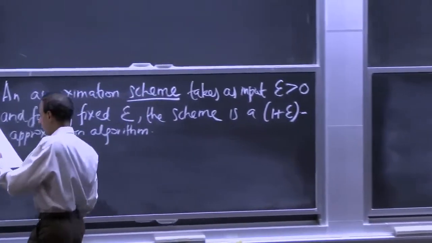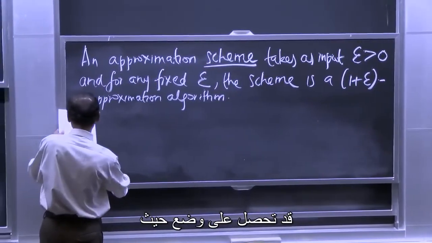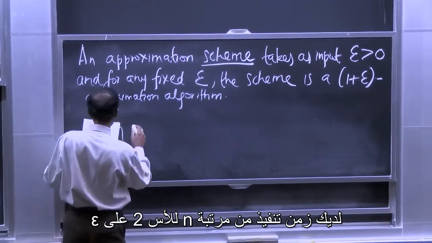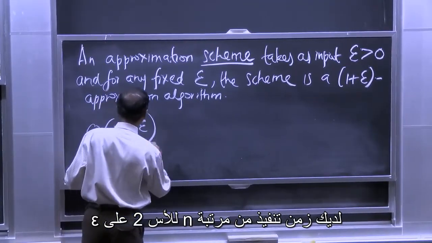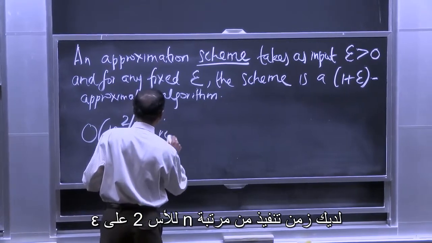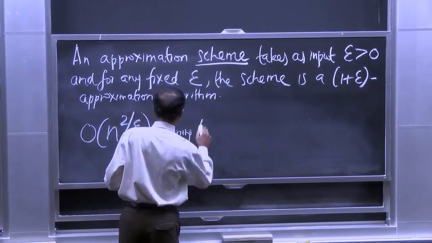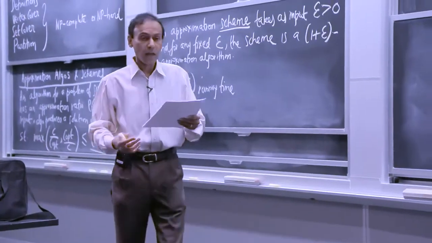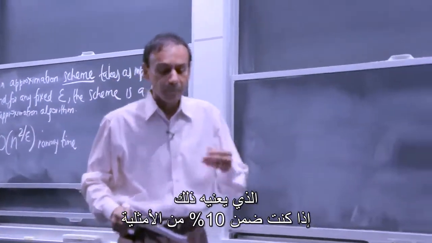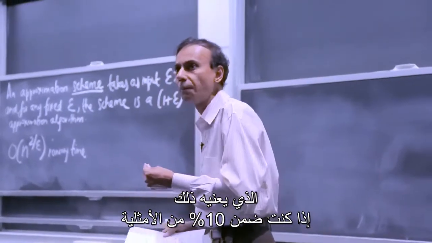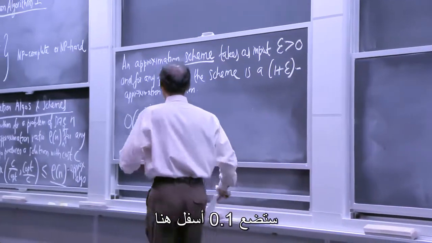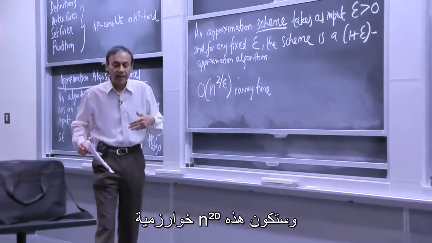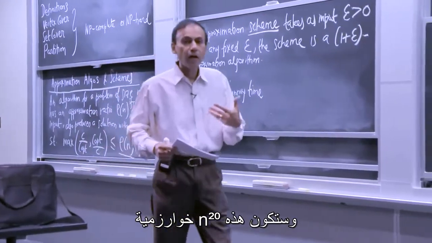And so you might have a situation where you have order n raised to 2 divided by epsilon running time for an approximation algorithm. And what this means is that if you're within 10% of optimal, then you're going to put 0.1 down here. And this is going to be an n raised to 20 algorithm.